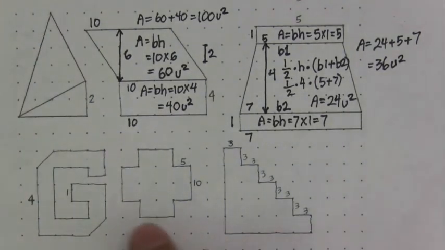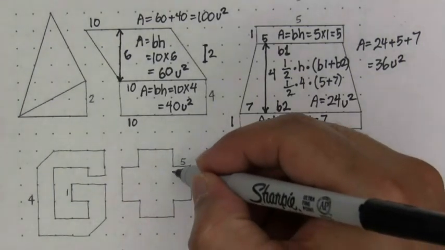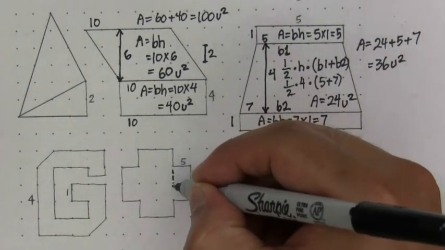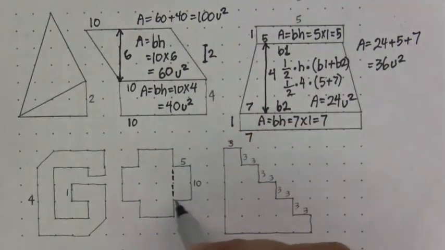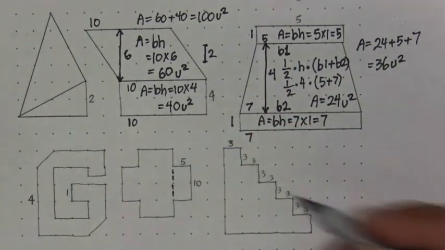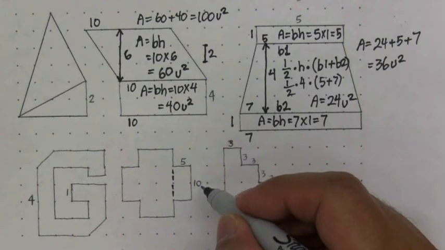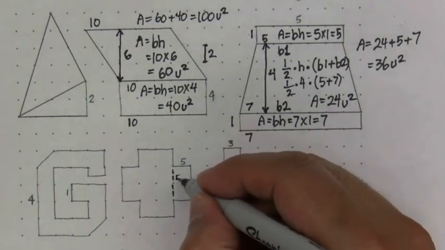We have two more shapes here that we don't have formulas to calculate, but looking at the figures carefully, we can see that the rectangle formed right here has an area of 5 times 10. That's an area of 50.